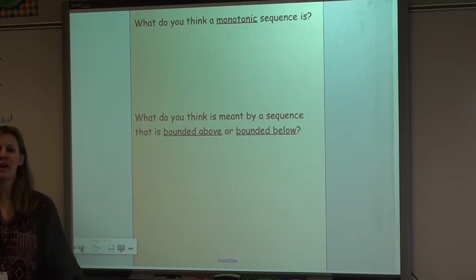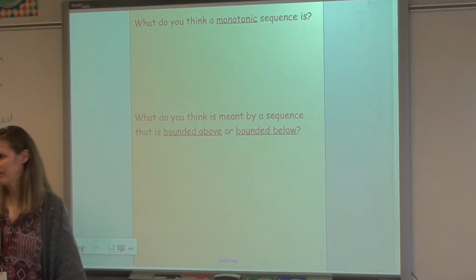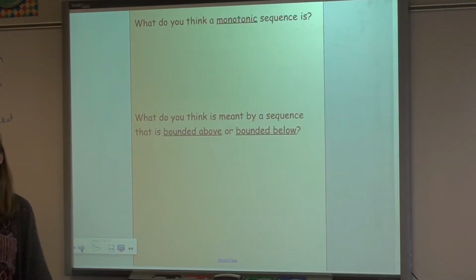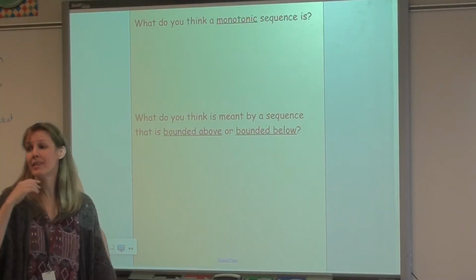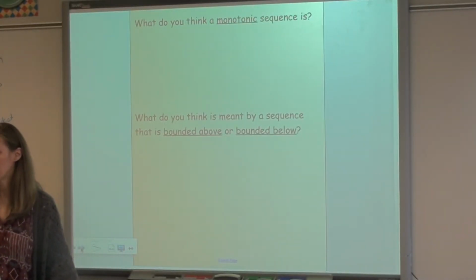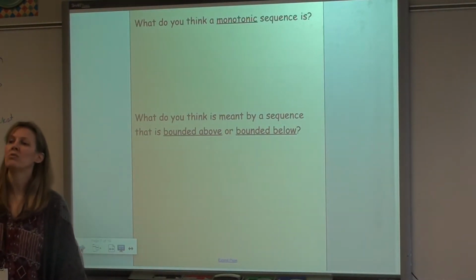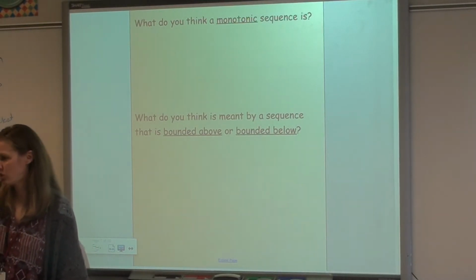If I have the sequence 3, 3, 3, 3, 3, that is monotonic, because it never changes direction. If I have the sequence 3, 3, 3, 3, 3, 4, 5, 6, 7, 8, 9, 10 forever, that's also monotonic because it never switches to decreasing. But if I have 3, 4, 5, 4, 3, that's not monotonic because it changes direction.